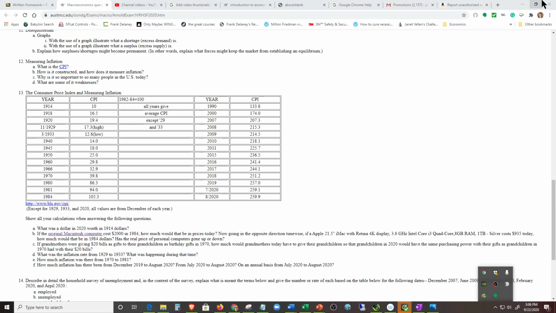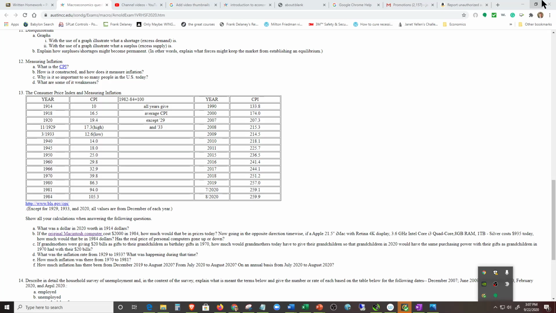Well, I'm not going to do the calculations. I think I may assign this topic, at least these calculations, as a homework assignment. So let's do some similar calculations. Let's do a calculation seeing what would be a good year.